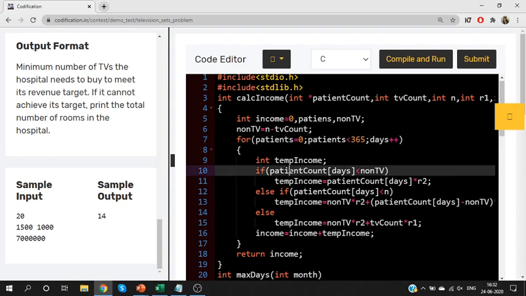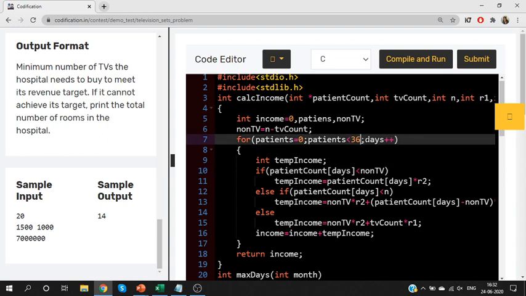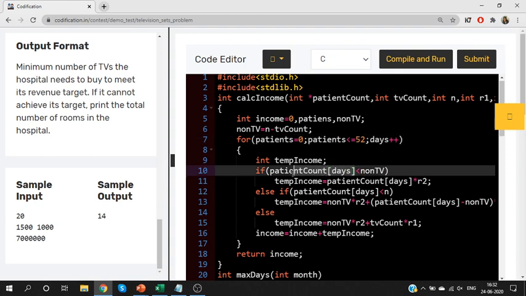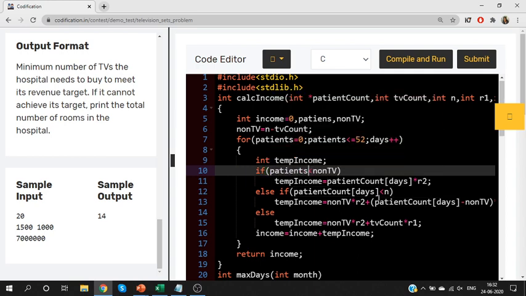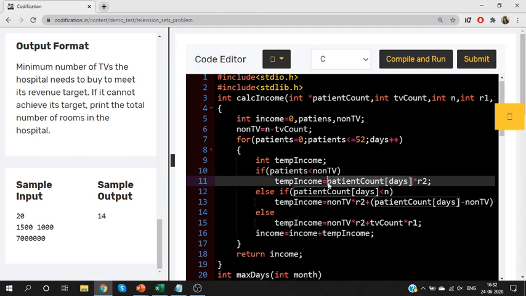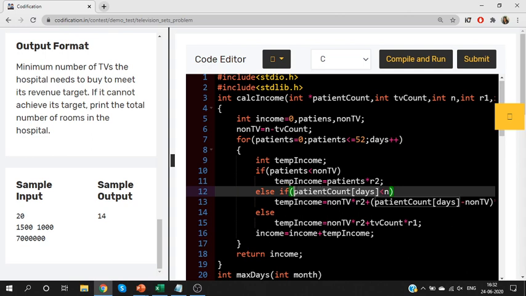So less than or equal to 52. Yes, this is my range, 0 to 52 patients. So whenever you compare with the patients, wherever previously we used the array value, here substitute it as patients, which is nothing but the index value.